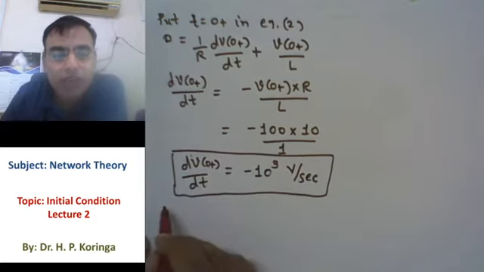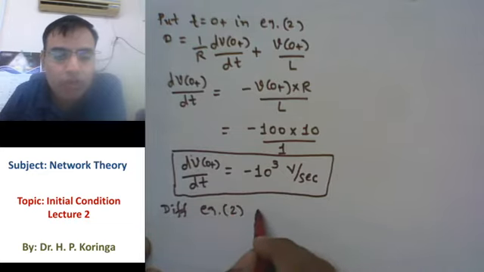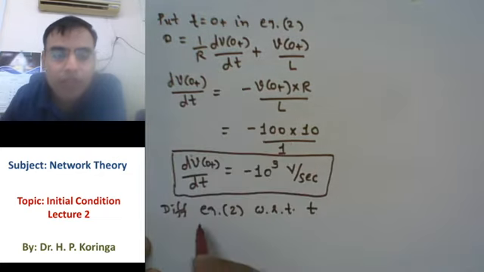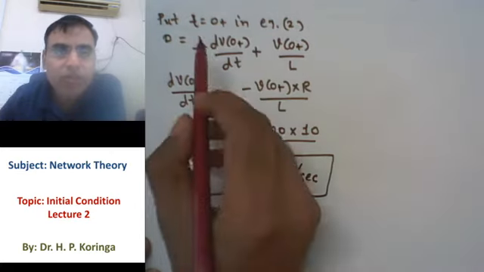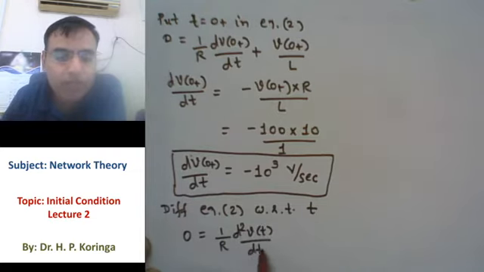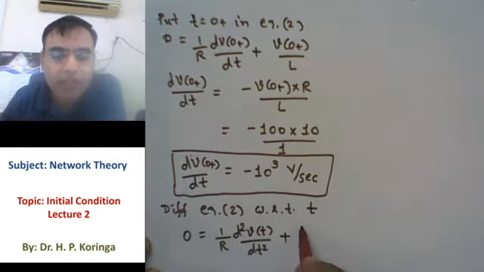Now to find the second derivative, let us again differentiate equation 2 with respect to time. In equation 2, the derivative of 1 upon R v of t is 1 upon R dv of t divided by dt, then 1 upon R d square v of t divided by dt square, and the differentiation of v of t divided by L is 1 upon L dv of t divided by dt.